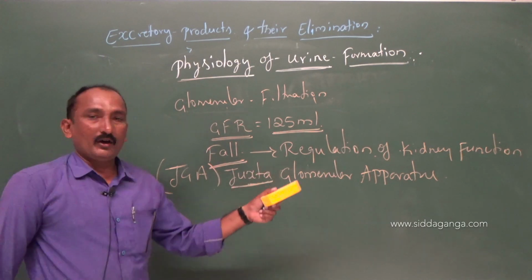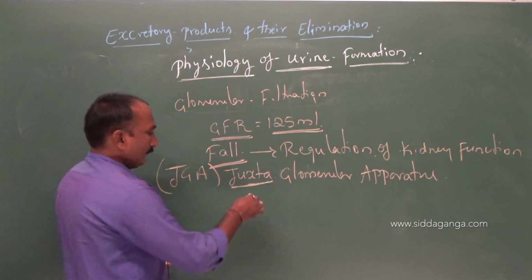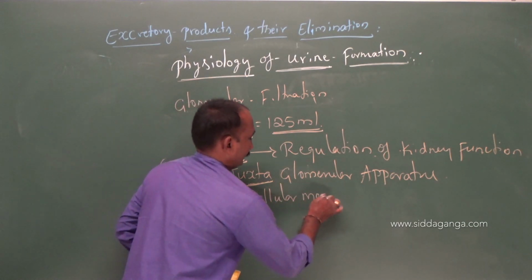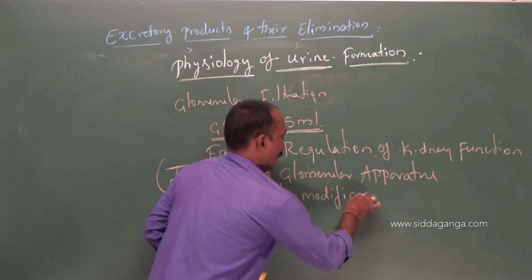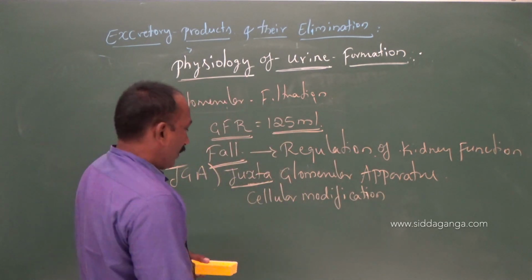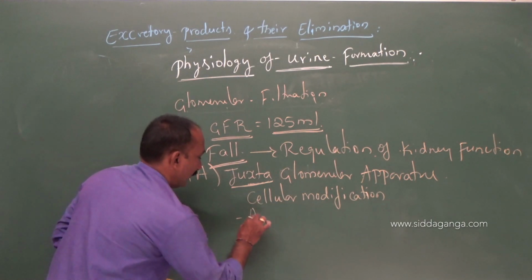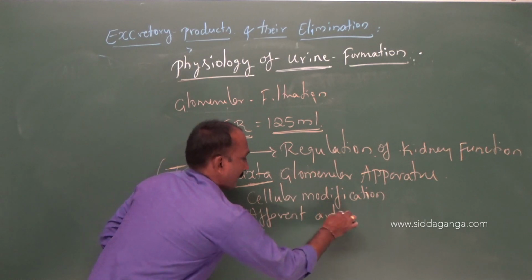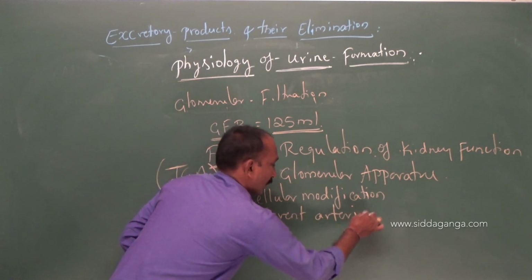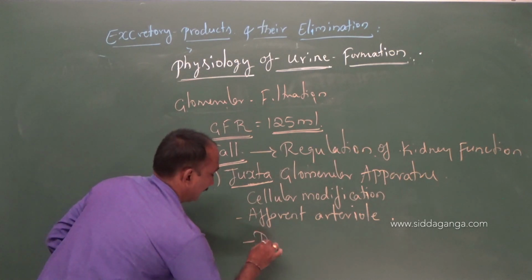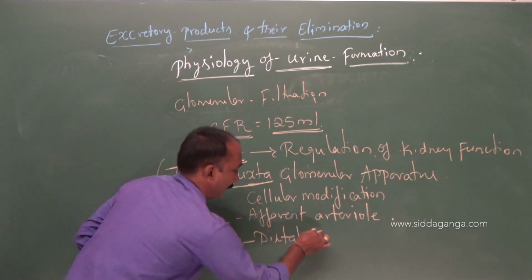The juxtaglomerular apparatus is a cellular modification of the afferent arteriole as well as the distal convoluted tubule.